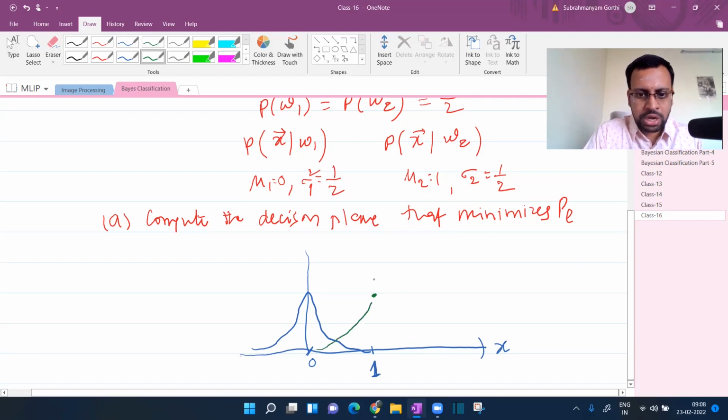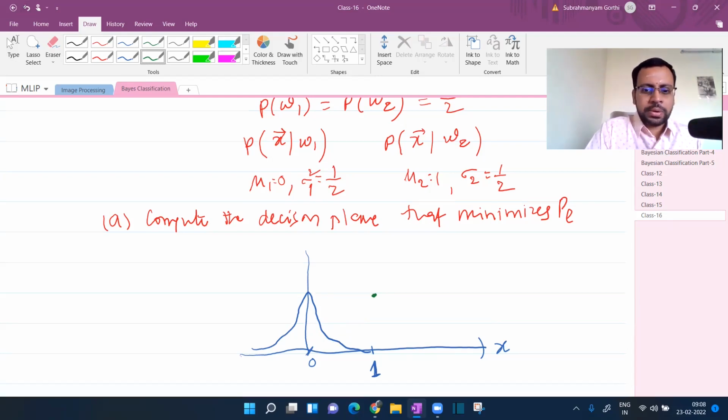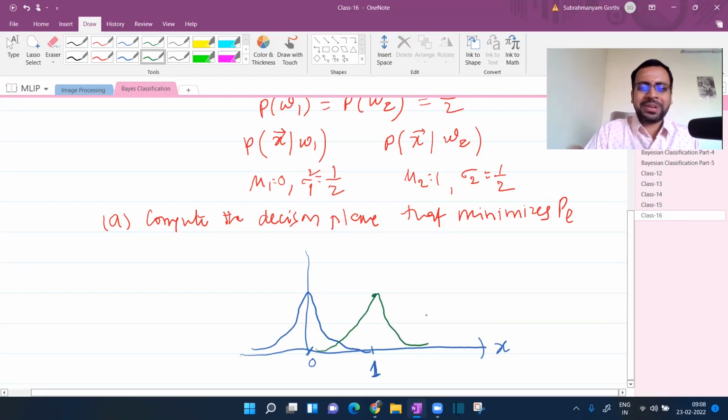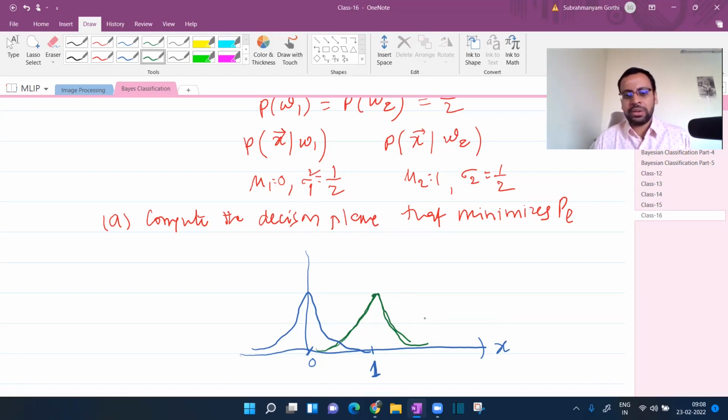So I have plotted it very badly here. They should have been the same. So please, you draw it better than me. That's the same thing which has been moved there. The center is at 1.